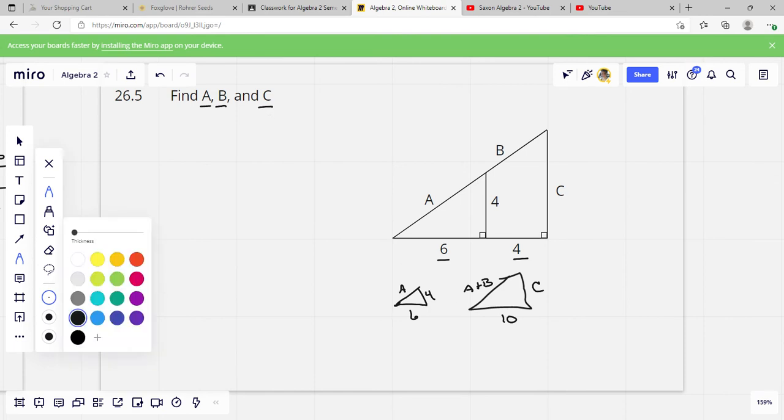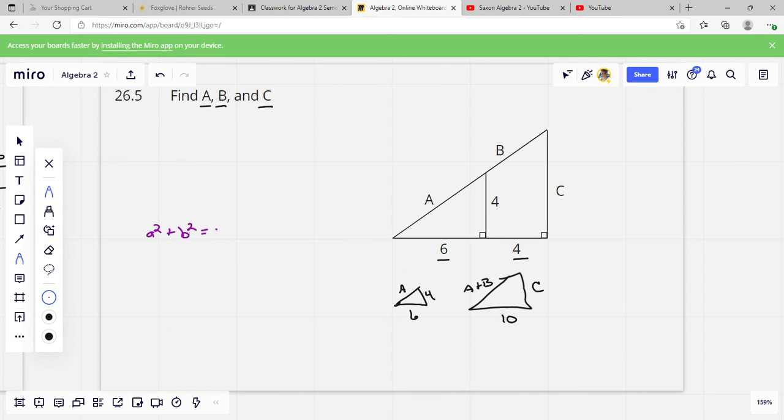Alright, so for A, down here, I could do A squared plus B squared equals C squared. Right, A would be, we'll call that 6 squared plus B squared is 4 squared equals C squared. C squared is going to be what my A is, so I might as well just go ahead and replace that with A. Okay, 6 times 6 is 36. 4 times 4 is 16.